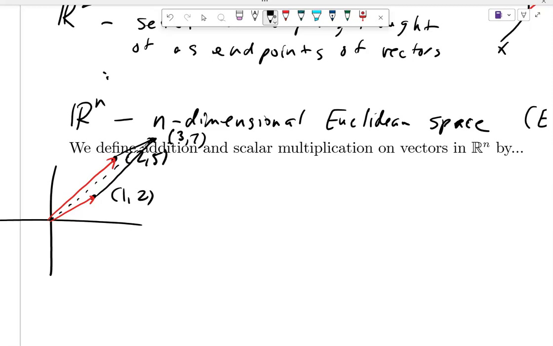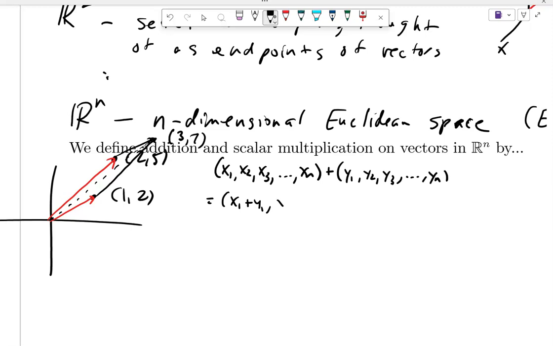And that's exactly how we're going to do it for n-dimensional vectors. So if I have x1, x2, x3 out to xn, and I want to add it to y1, y2, y3 out to yn, we'll add those two things together just by adding components. We'll do it component-wise is typically how we say that.